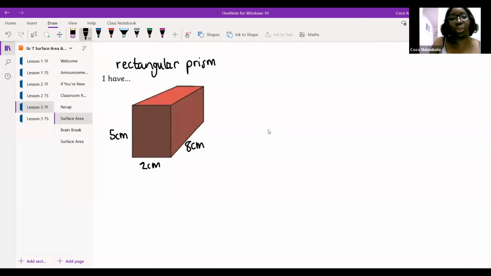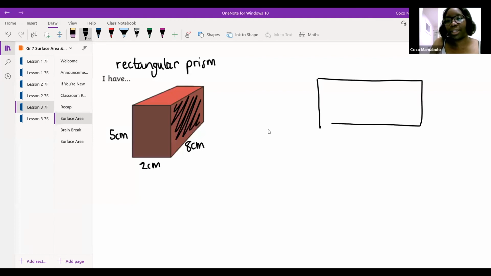So I'm going to start with this big shape over here. Now, if I draw that big rectangle, I'm going to get something like this. And I know that the long side of my rectangle is 8 centimeters. That's my long side. What is this side over here going to be, guys? Look at my shape.